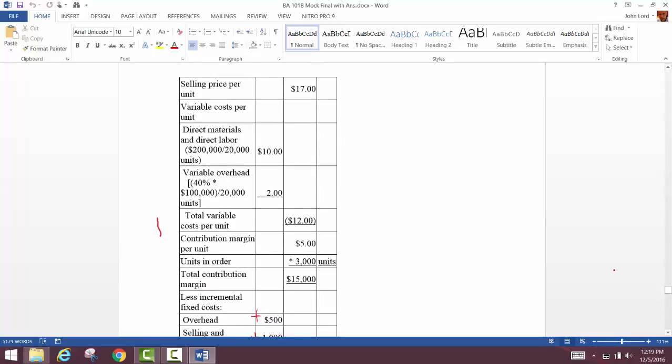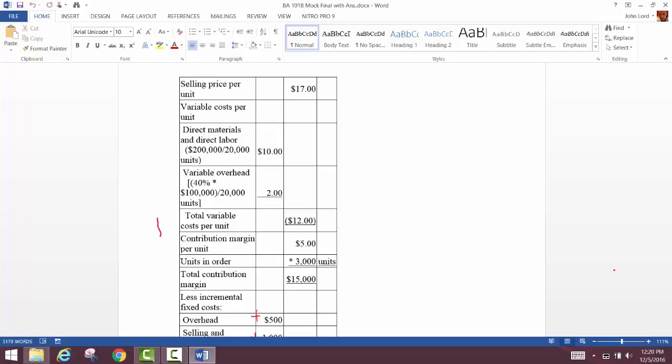Okay, so we've got the sales price, right? And then we picked up our total of our materials and our labor. And up in that table that I don't want to get back up there because it'll crash the computer, it's 20,000, so that's $10 per item. And then they told us we had the overhead of 100, but 40% is variable. So we take the 100,000 times 0.4, which is 40,000.